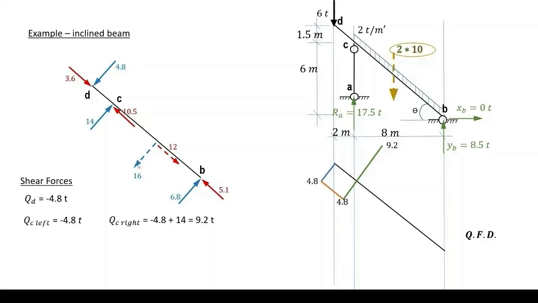Subtracting the 16 tons because it is heading downwards, we have our inclined part until we reach QB. The diagram closes by virtue of the component of the reaction, 6.8 tons.